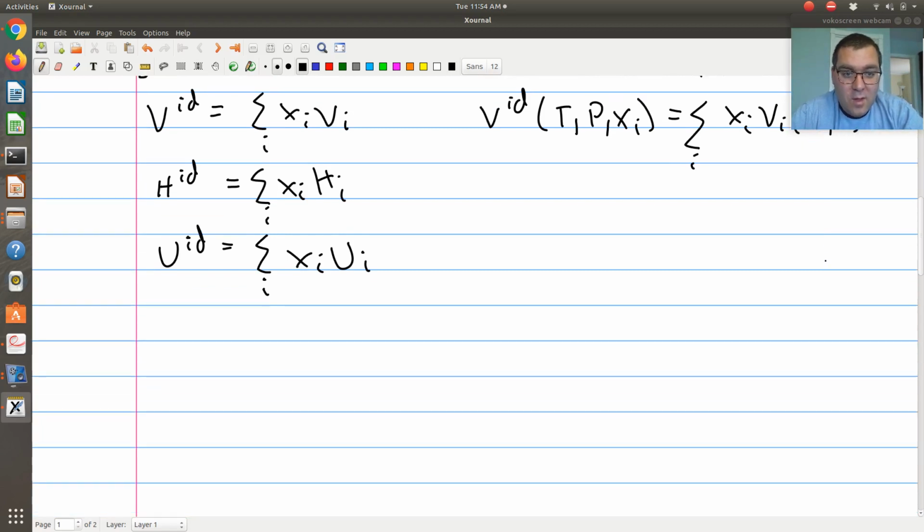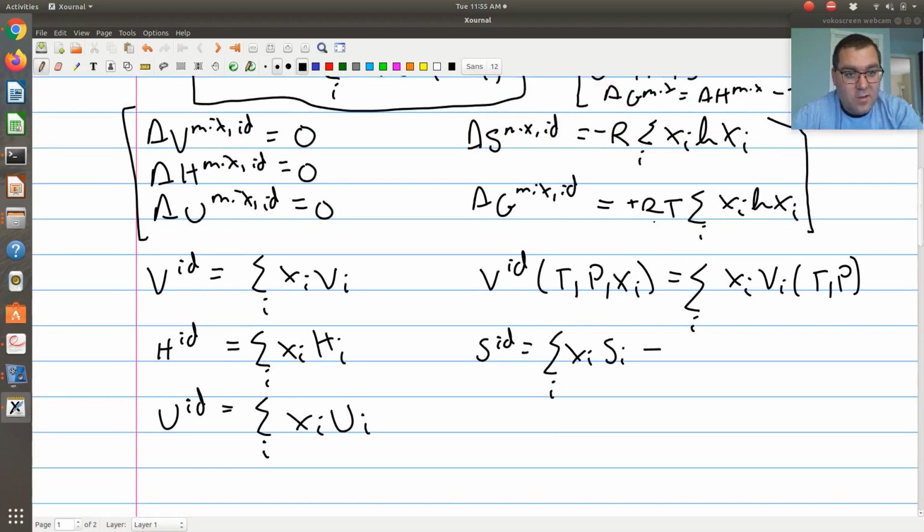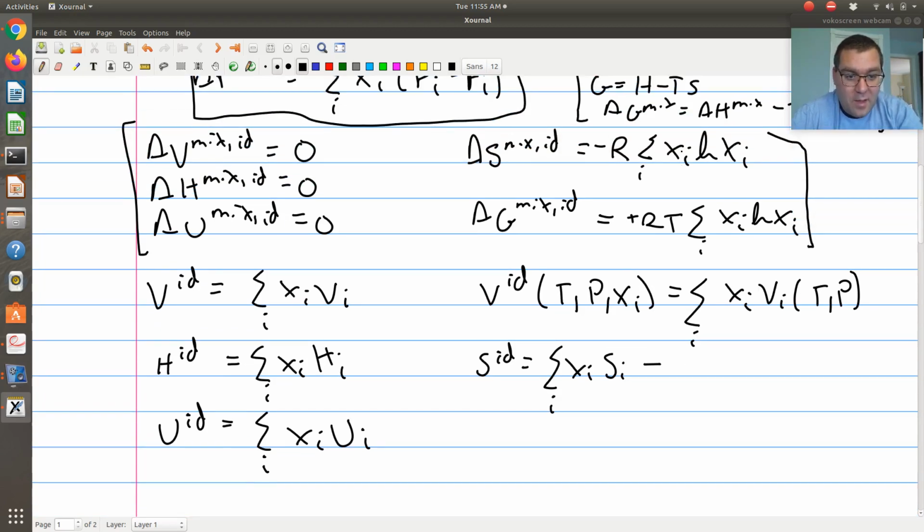When it comes to S, the entropy of my ideal solution is the sum over i of x_i s_i, the molar average of my pure component values. But now for S, delta S of mixing is not 0. Delta S of mixing was negative R times the sum over i of x_i log x_i.